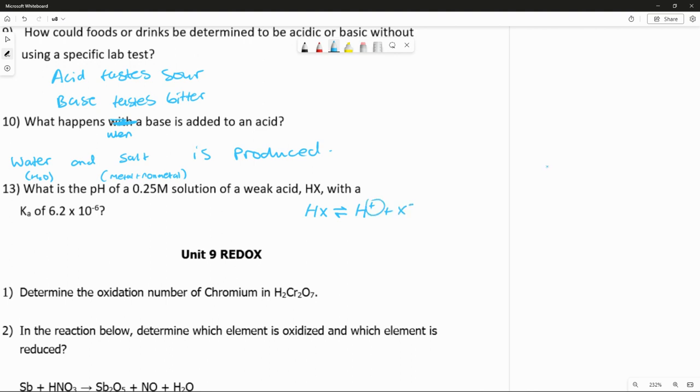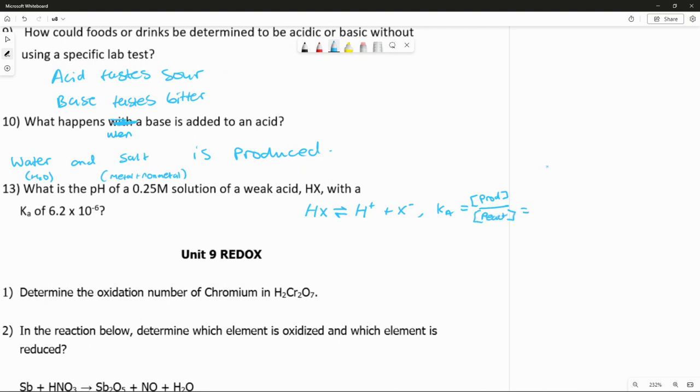The reason H is plus is because it's a proton, and X is a minus because the whole thing is neutral. So we know that if H is a plus, X must be a minus in order to have the whole charge of 0. With this information, we can set up a Ka. This is a lot like the K stuff we've done in the past: products over reactants.